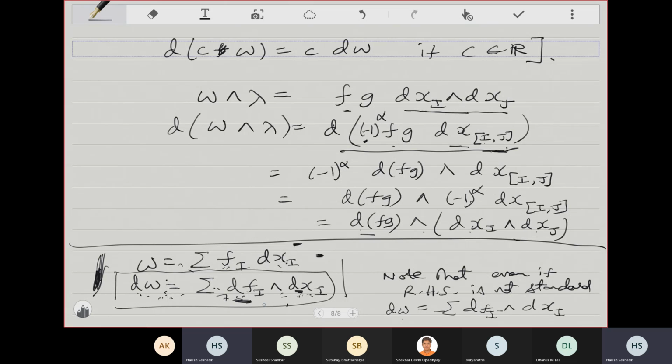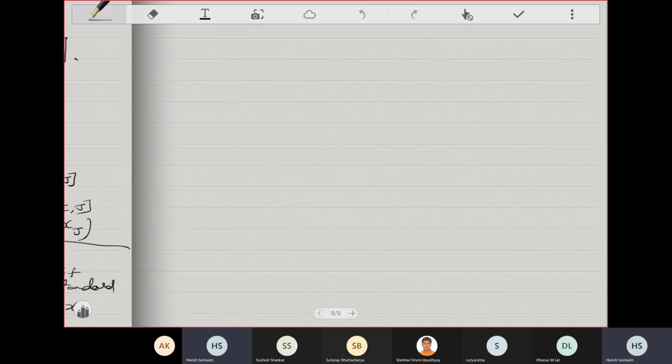Well, it's slightly different here because I have dxi wedge dxj here. In this case, I don't have two multi-indices, just one I, but still the same logic holds. Maybe I'll give it as a homework exercise actually.